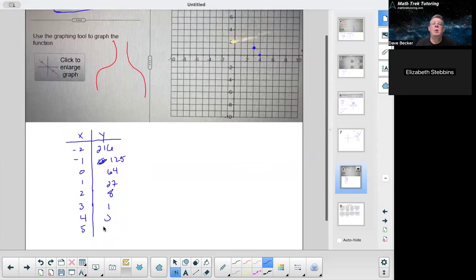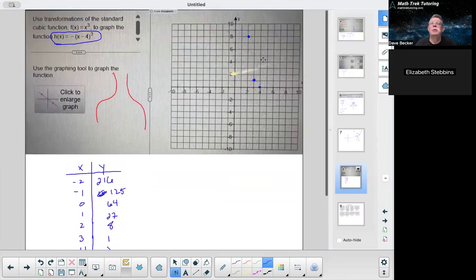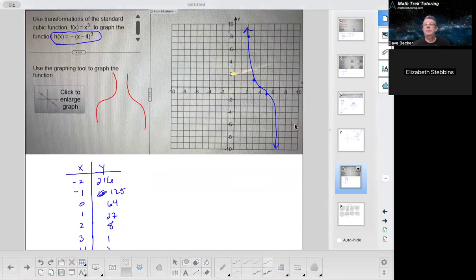You get -1, and then you start getting some symmetry there. If you know the curve, you can see, oh, okay, it's going to start going like this, like that. I see. Okay. All right, cool.